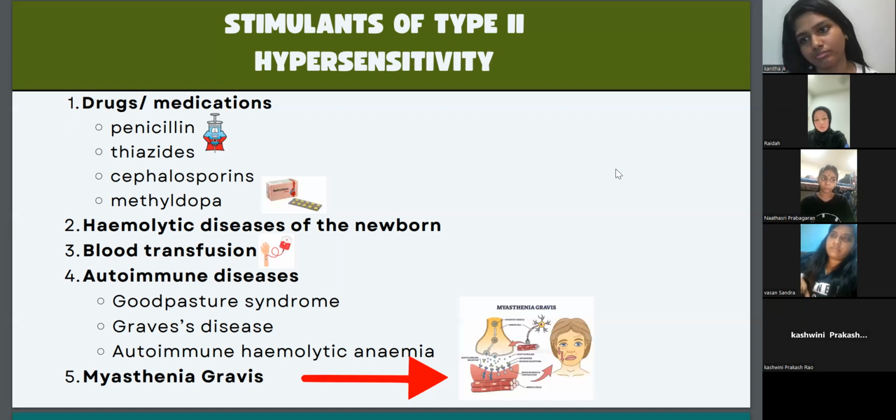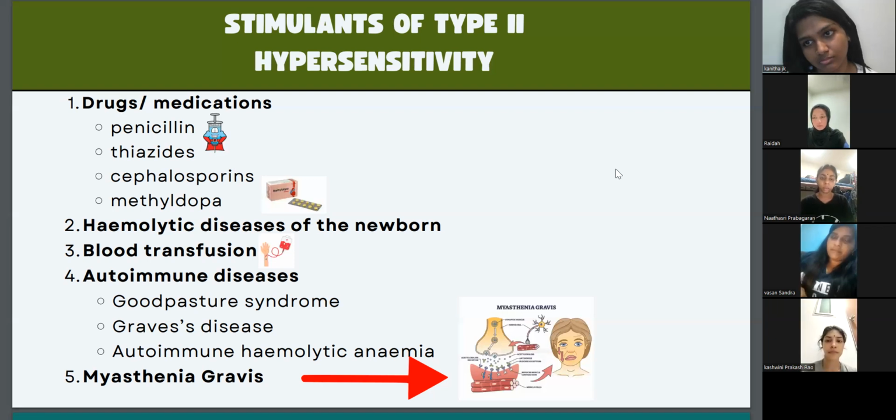This antibody binds and the complement system is activated. As for Graves' disease, the antibodies bind to the thyrotropin receptor and stimulate the secretion of more thyroid hormone than needed.